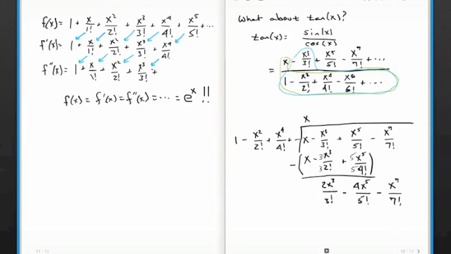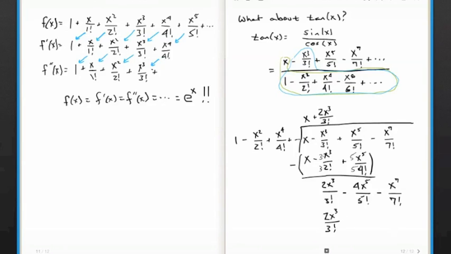How many times does 1 go into this thing? Well, it goes in positive 2x cubed over 3 factorial times. I multiply this. What is this times 1? Well, it's 2x cubed over 3 factorial. And then what is this times this?